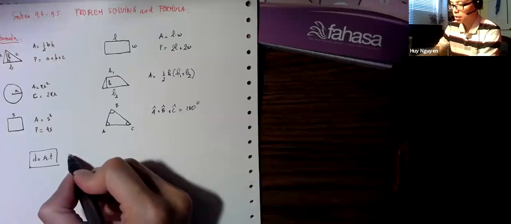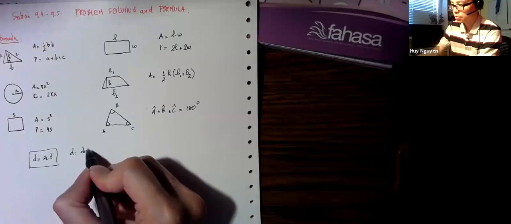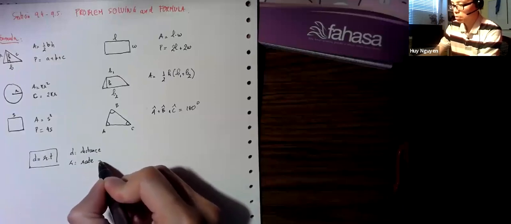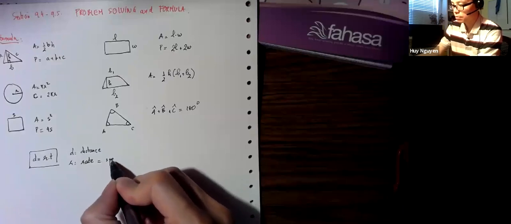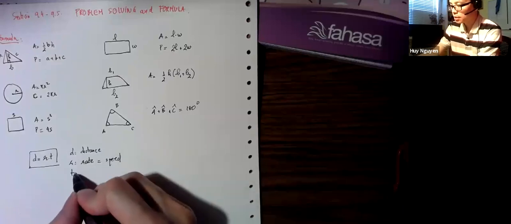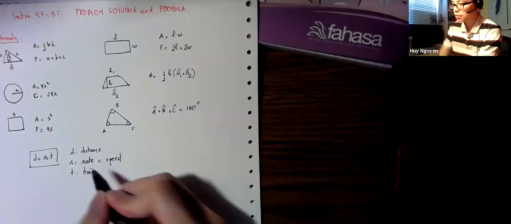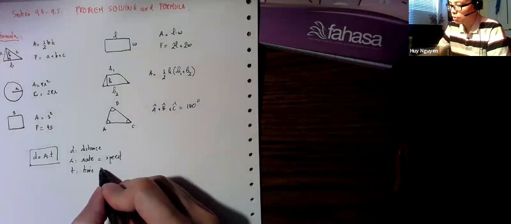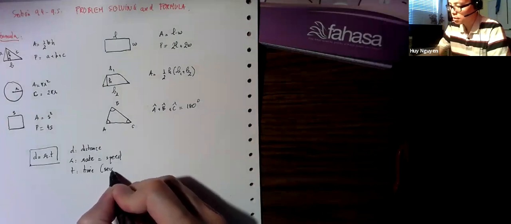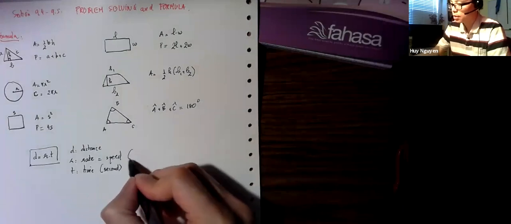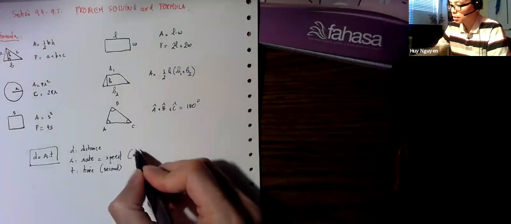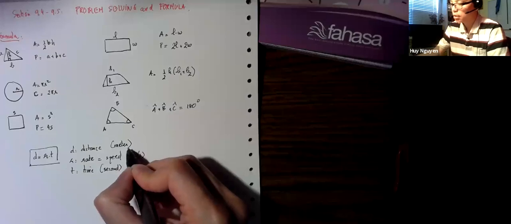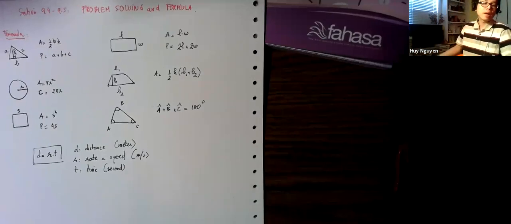d is distance, r is the rate or the speed, t is time. The unit usually for time is seconds. Over here is meters per second, and over here is meters. It could be miles per hour, anything. It depends on the problem.